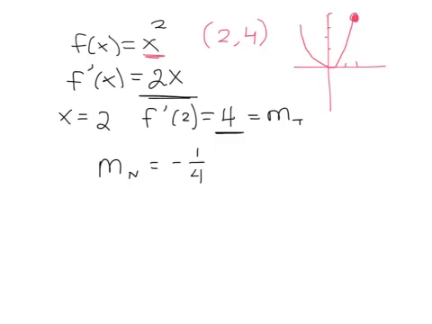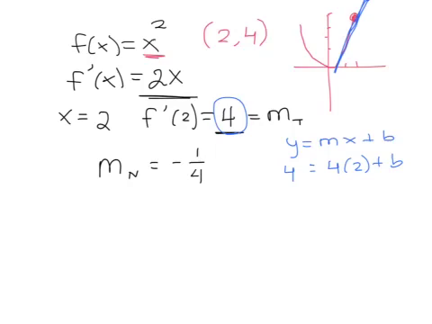If we want to find a tangent line to the curve, this would be a tangent line. We already know that the slope is 4 and it must pass through the point 2 and 4. So using the slope we found earlier, we have y is equal to mx plus b, where we know the slope, which is 4, we know the x, which is 2, plus b, and y, that's 4.